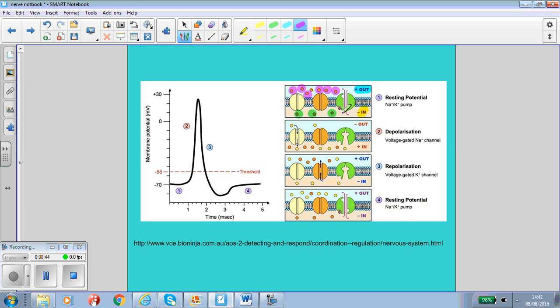It's trying to find a neutral position. So the sodium ions come flooding in, and that changes the polarization of the cell. It goes from being a negative environment on the inside to a positive environment on the inside. And that is where your action potential is generated.